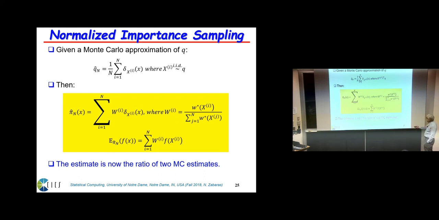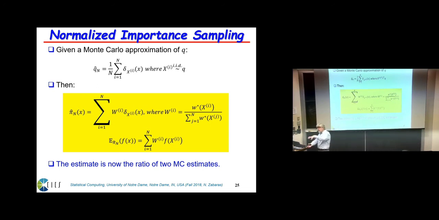Again, if you look at this estimator carefully, don't be confused, it is the ratio of two estimators. If you plug this in there, you will see W star at xi times f at xi, and in the denominator you will see the summation, which is another estimate. This has implications. For questions like, is this an unbiased estimate?